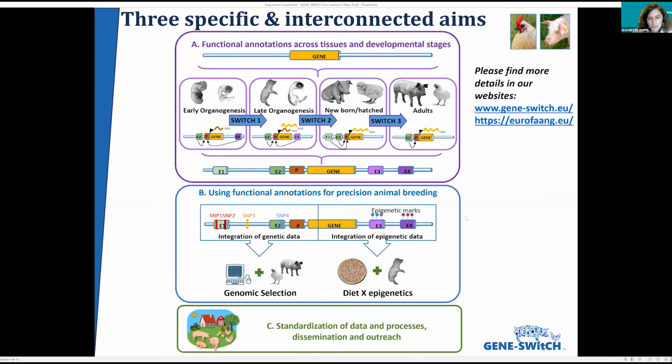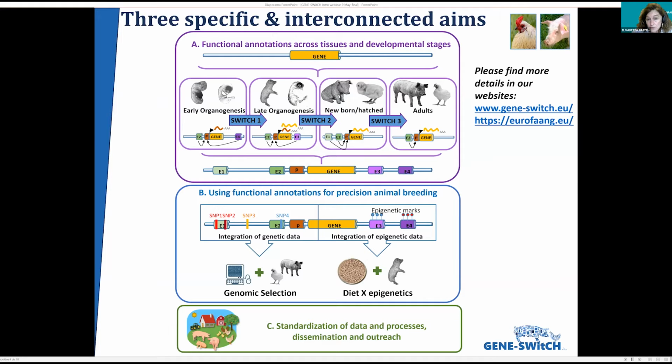So GENE-SWitCH is made of 3 specific and interconnected aims, A, B, and C. The slide is pretty complex, but I invite you to go to see more details on our website. I will go very briefly on each of them. A is functional annotations across tissues and developmental stages for both species, spanning early organogenesis, late organogenesis, newborn animals, and adults through existing data mainly.